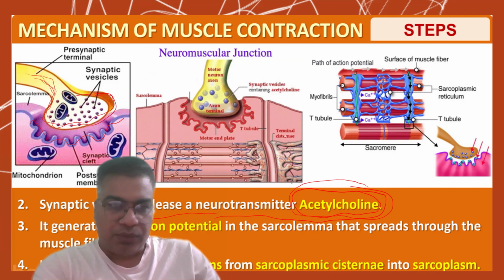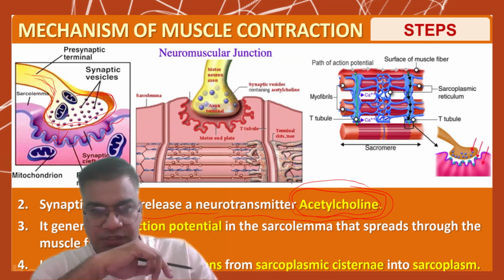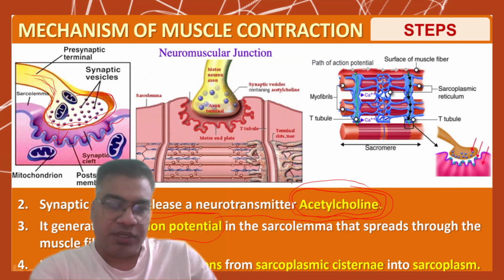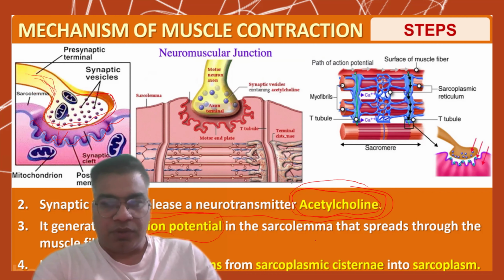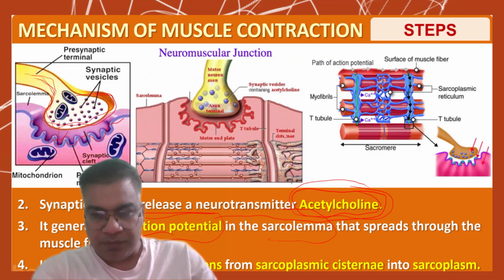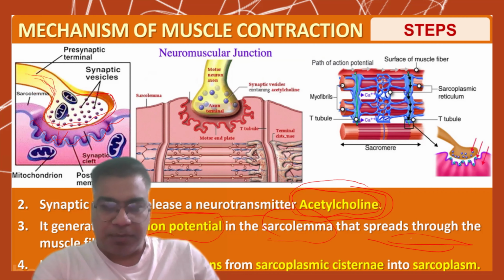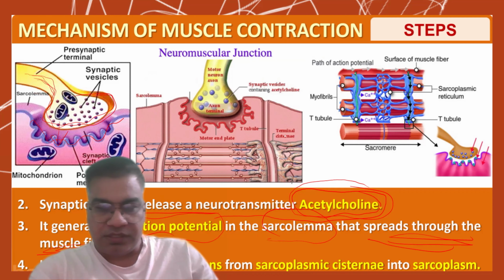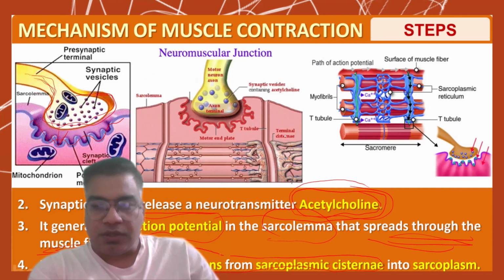This acetylcholine is responsible for the opening of sodium channels. These sodium channels will generate an action potential in the sarcolemma, and this action potential spreads rapidly through the muscle fiber, and finally causes release of calcium ions from the sarcotubular system or the sarcoplasmic cisternae.